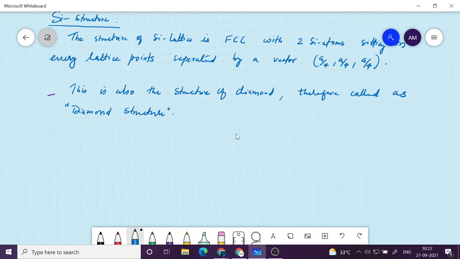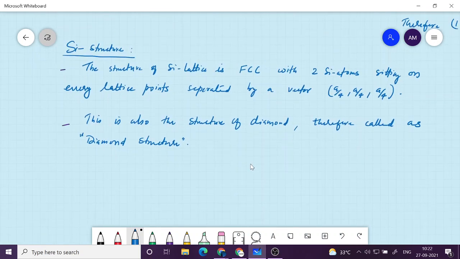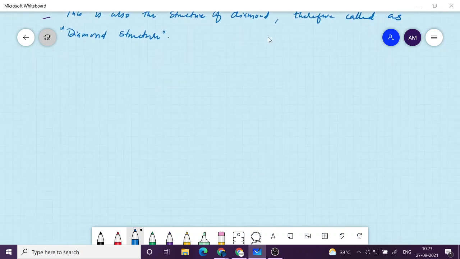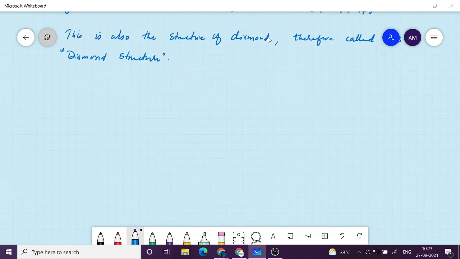So let's try to visualize this and understand the definition. FCC lattice, and I told you a lattice point can be a single atom or a group of atoms. In this case, two silicon atoms sit at every lattice point. Let me attempt to draw this. First of all, I draw a cube.